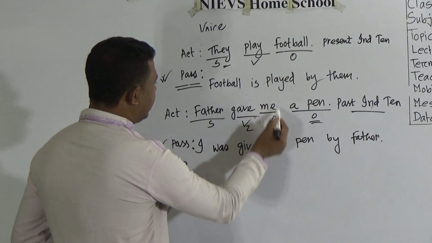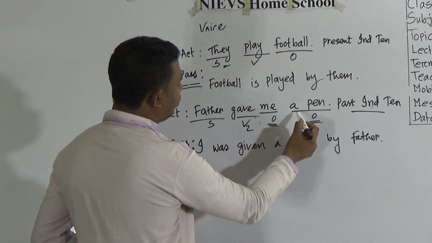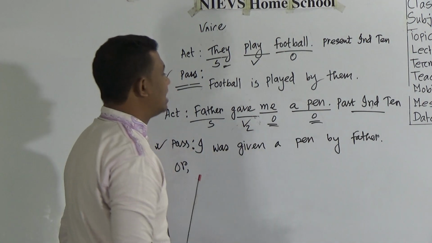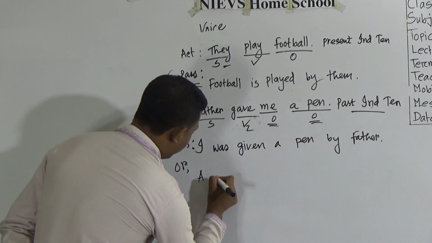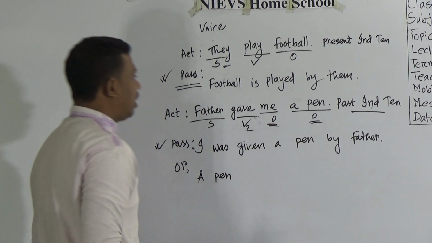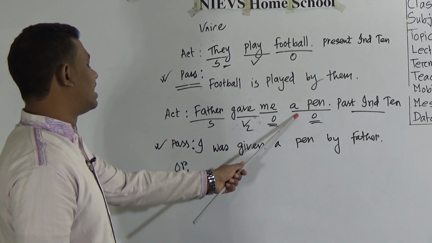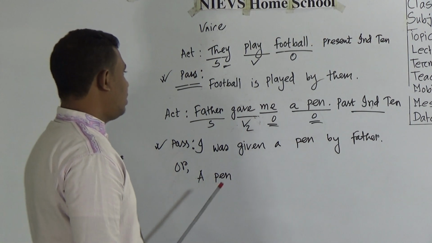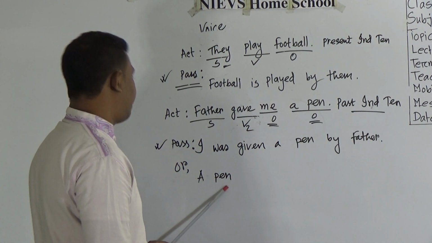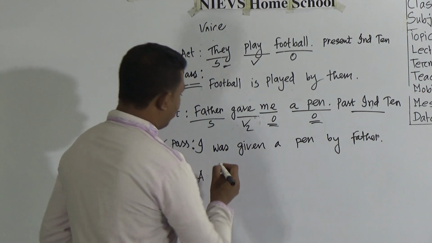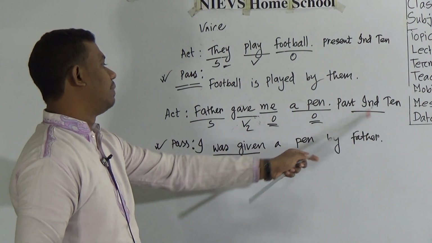Or you may do it by another rule: this time we use the pen as subject and now we will use me as object. Although it's written "a pen," it will not be changed because it has no objective or subjective form. So a pen stays the same. Then the auxiliary verb. What was the auxiliary verb? Was or were for past indefinite tense.